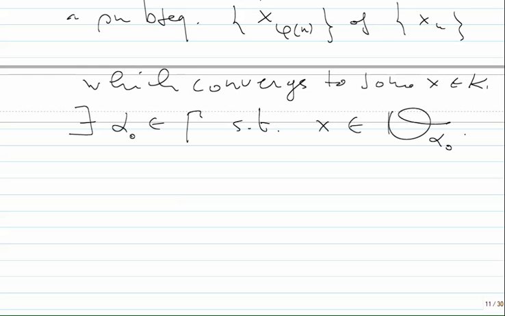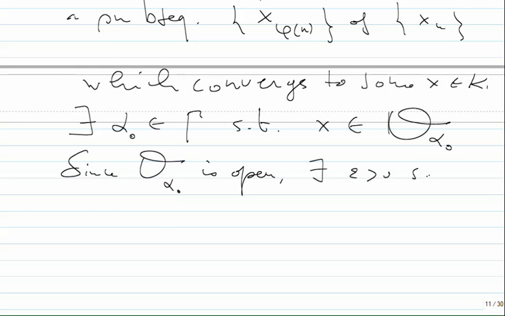O alpha 0 is open. Since O alpha 0 is open, there exists epsilon positive such that the open ball with center x and radius epsilon is in O alpha 0.